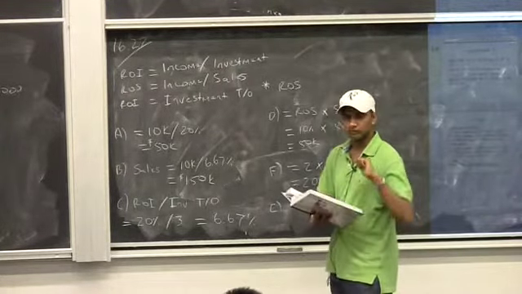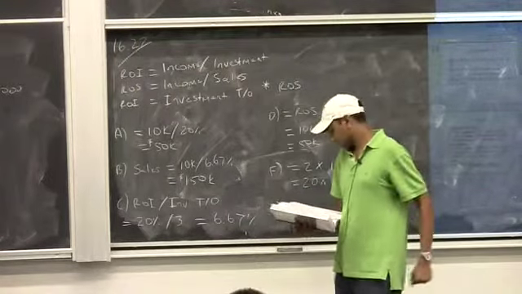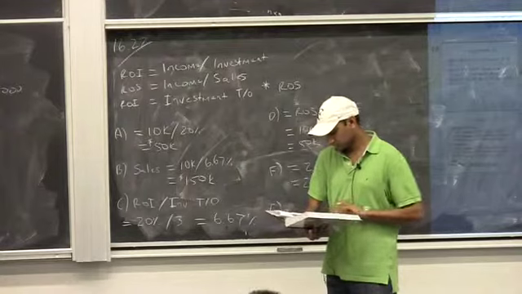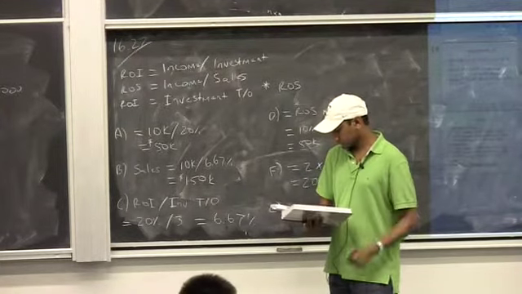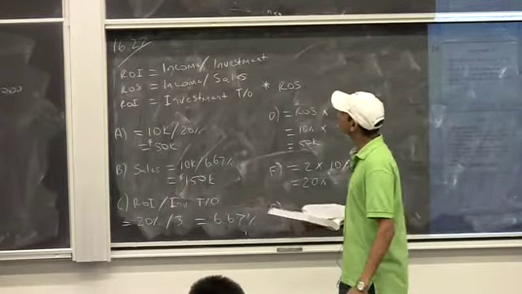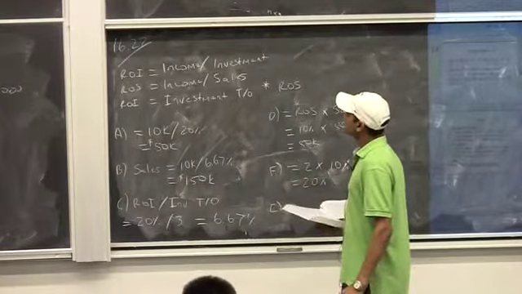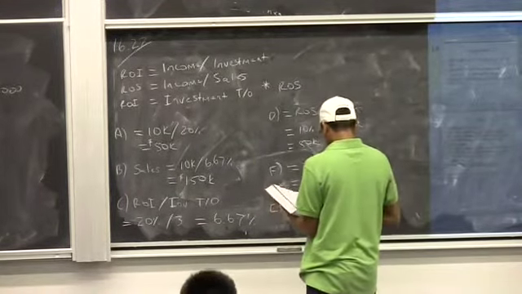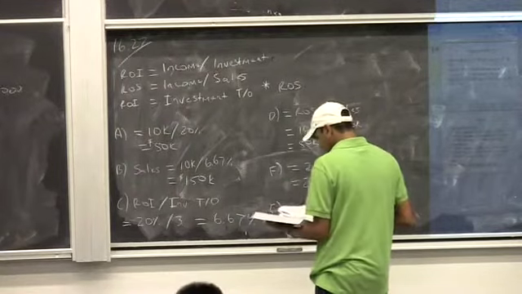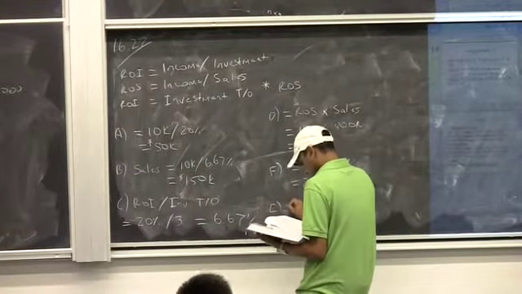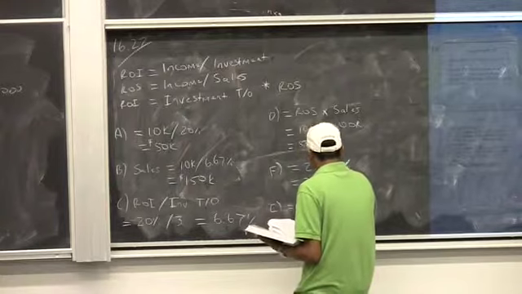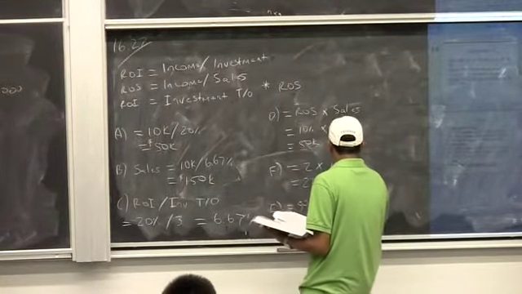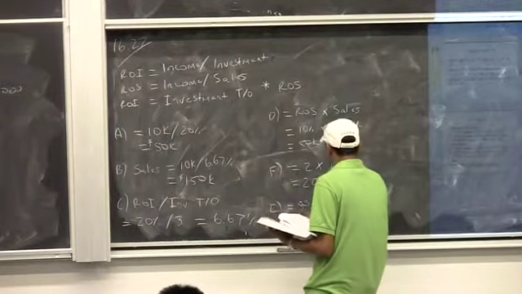You're looking for the investment. Yeah, use this one. Yeah, 250. So what did you do? You took your income of what? 50K divided by? Yeah.